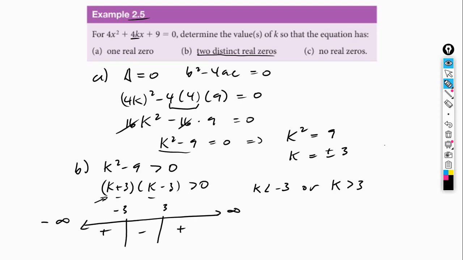And that means that we have the solution for letter C, because this area here is where the expression is going to be negative. Therefore, there will be no real zeros when k is between -3 and 3.